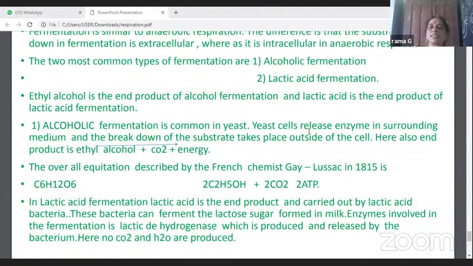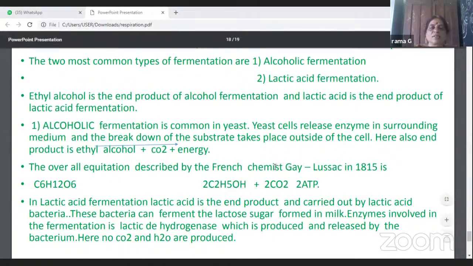Yeast cells release an enzyme into the surrounding medium, and that enzyme breaks down the substrate outside of the cell. This change takes place outside the cell, that's why it is extracellular. Here the end products are ethyl alcohol plus carbon dioxide plus energy, but the energy is very little.